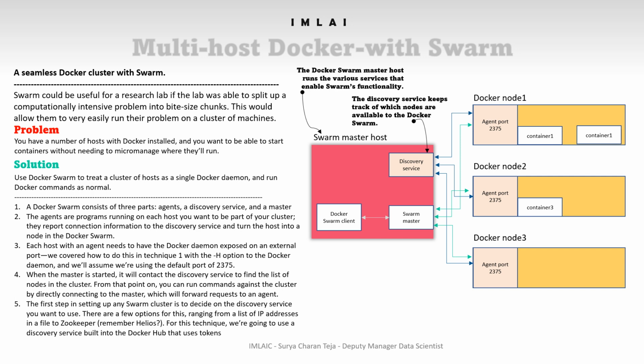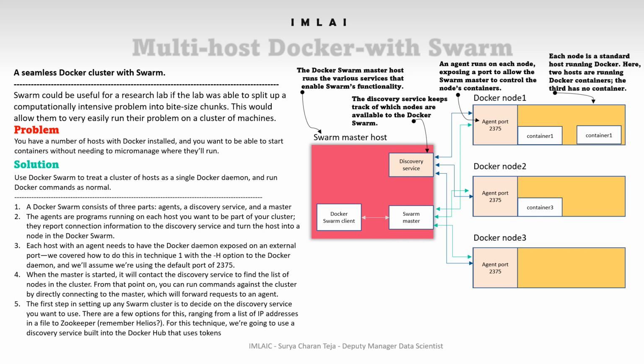The discovery service keeps track of which nodes are available to the Docker Swarm. Then we have three nodes, Docker node 1, Docker node 2, and Docker node 3, all connected through the discovery service. An agent runs on each node, exposing a port to allow the Swarm master to control the node's containers.